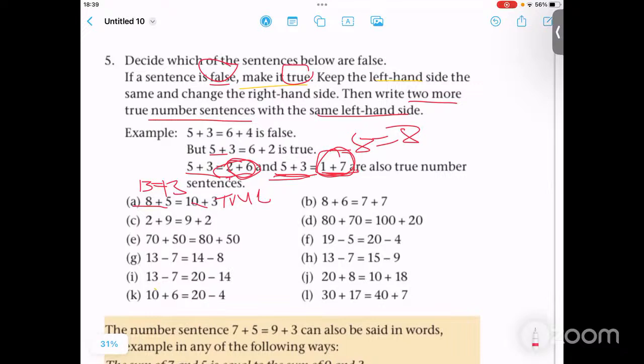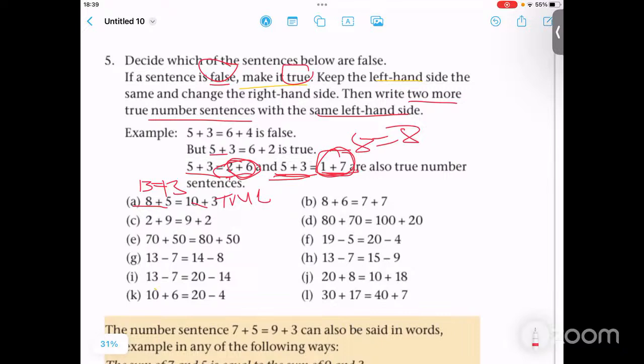What do you get when you add 8 and 6? 14. Perfect. 14. And then now, what do you get, guys, when you add 7 with 7?